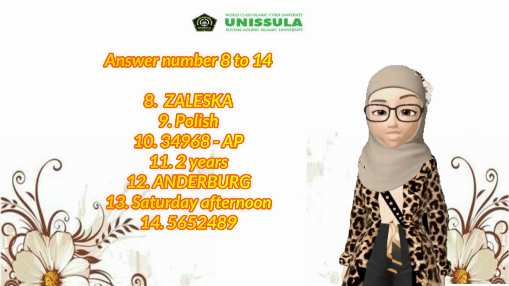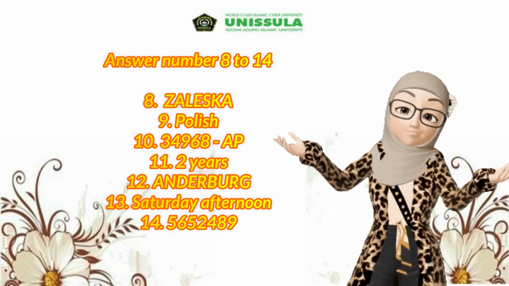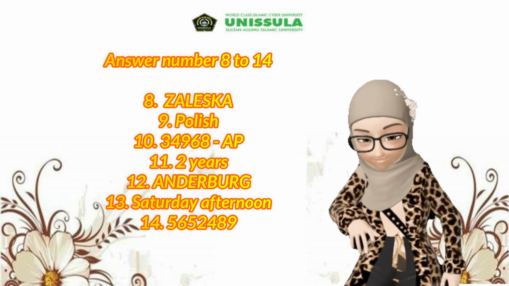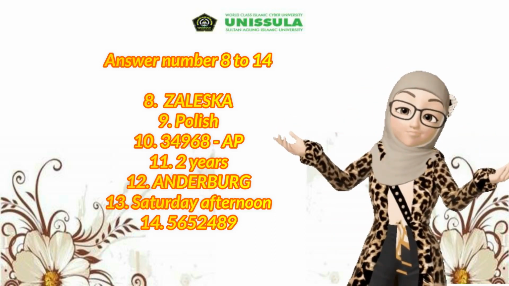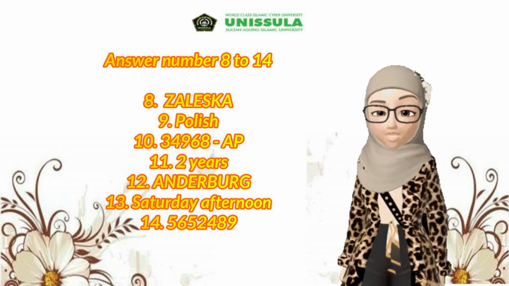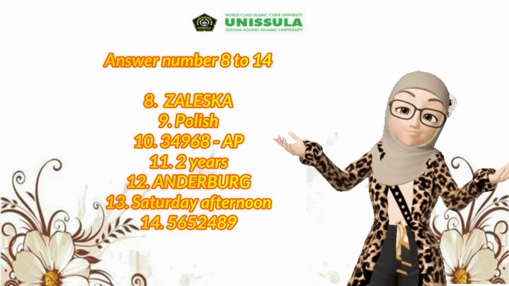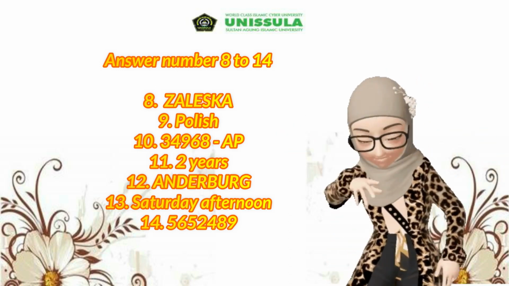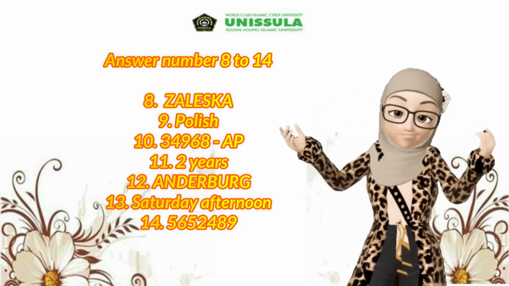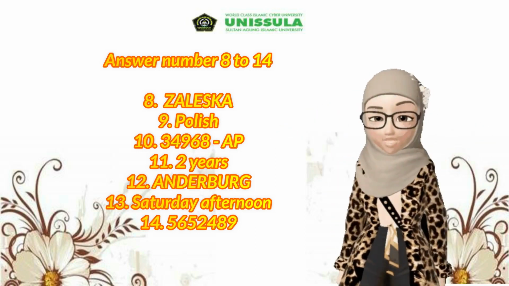For question number 8 on the form, the correct answer is Zaleska, Z-A-L-E-S-K-A. So you have to spell carefully for the word Zaleska. And then for the nationality, for number 9, Polish. And then for number 10, the correct answer is 34968 AP.